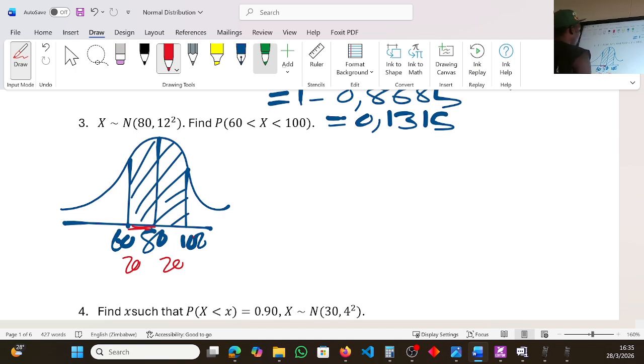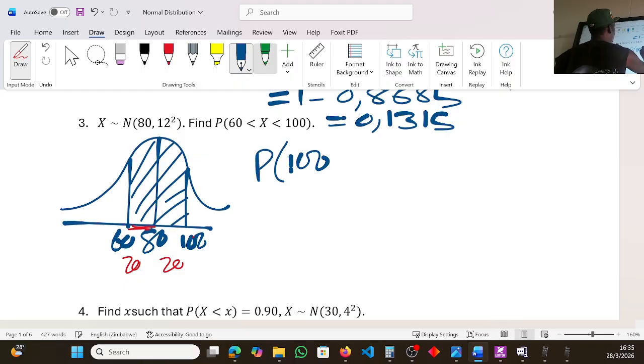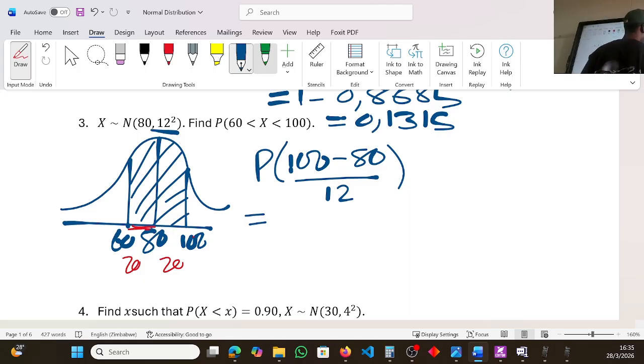So when that happens, I just find twice the probability of the bigger value minus 1. In other words, let me standardize. The probability is going to be 100 minus 80 all over the standard deviation here, which is 12. And when I come to my calculator, it's 20 over 12.